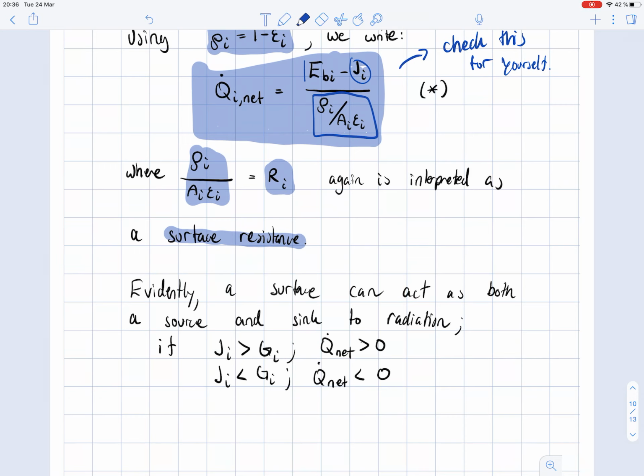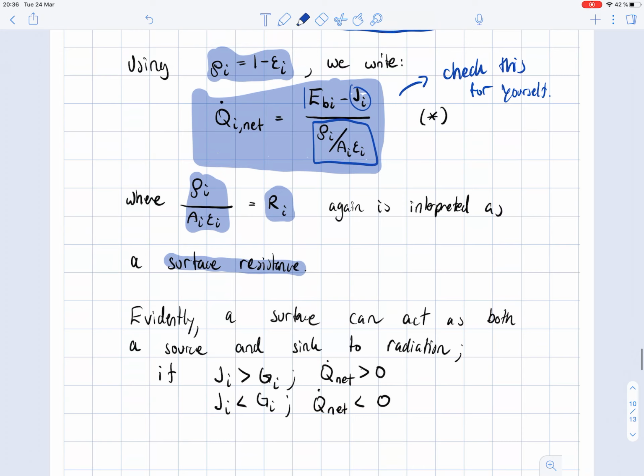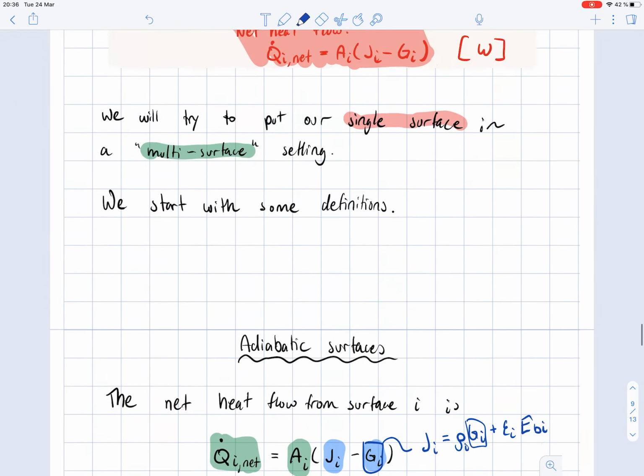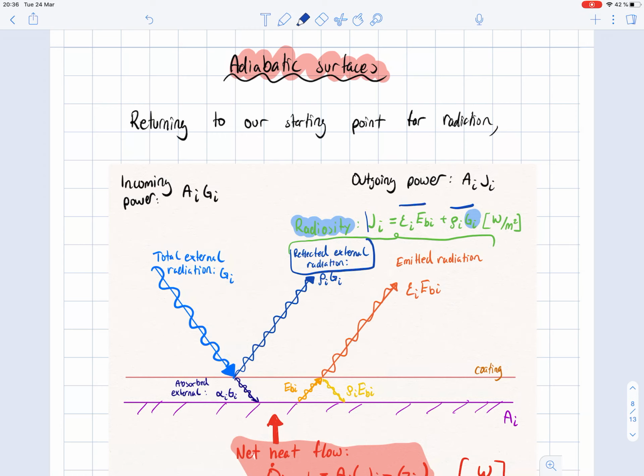So depending upon the magnitude of EBI and JI, or JI and GI, the surface can act as both a source and a sink to radiation. So if JI is greater than GI, so let's return to our figure. If JI is greater than GI, that means more is leaving than entering.